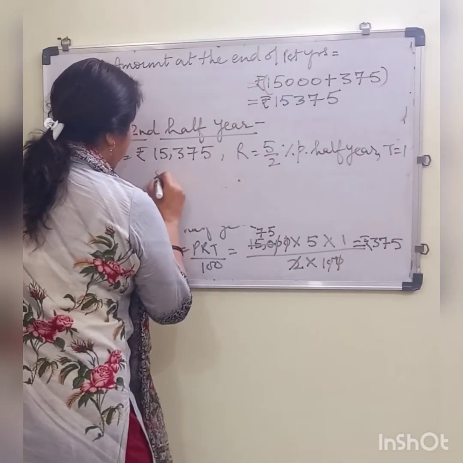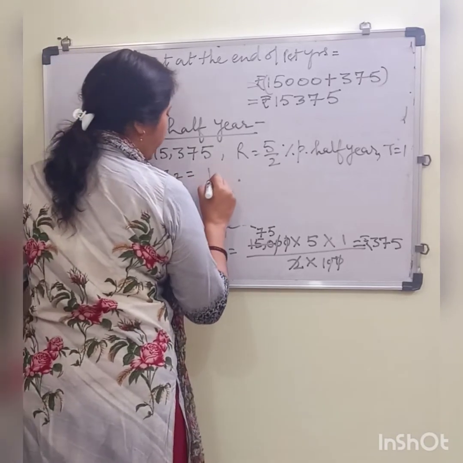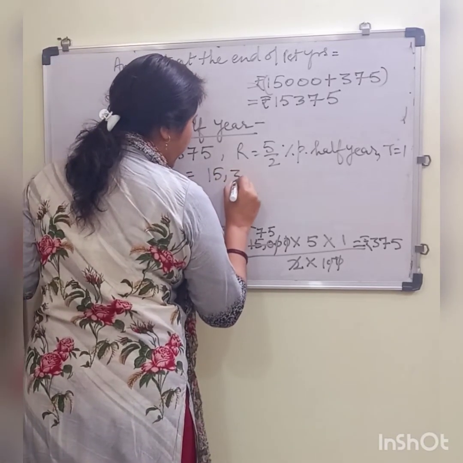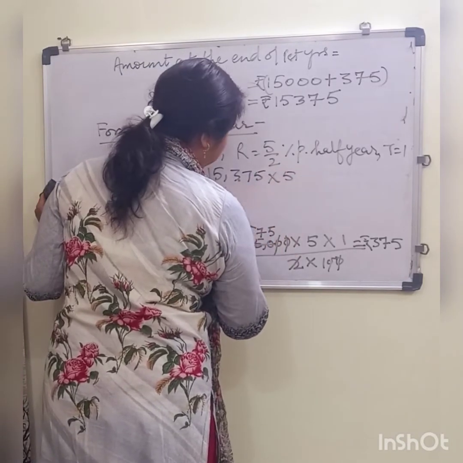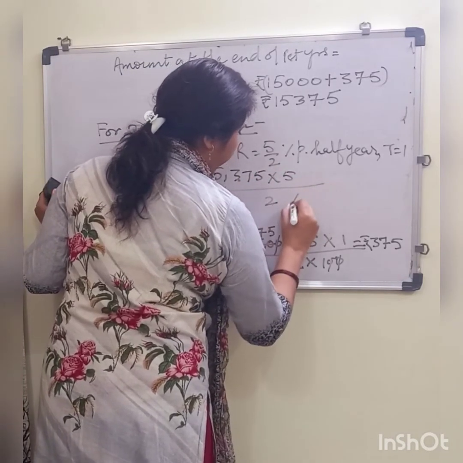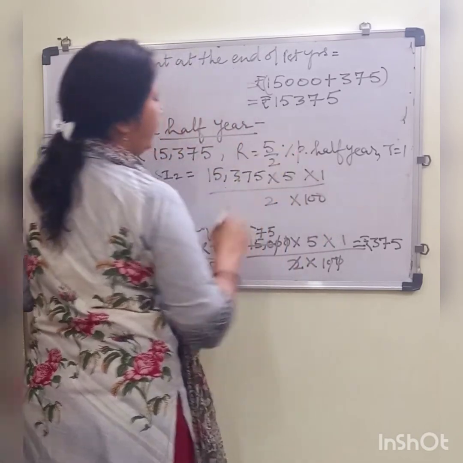So SI2, yes, interest for the second half year would be 15,375 into 5/2 into 100. Here we have time as 1.